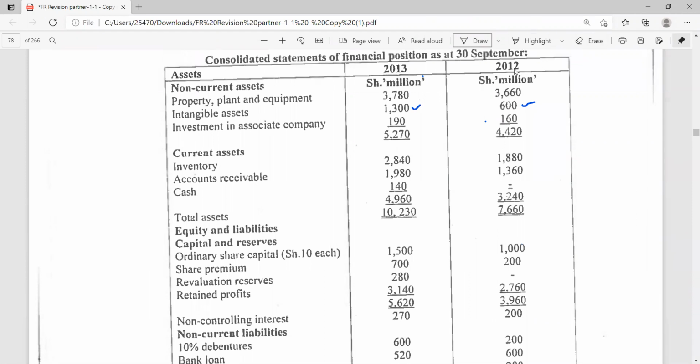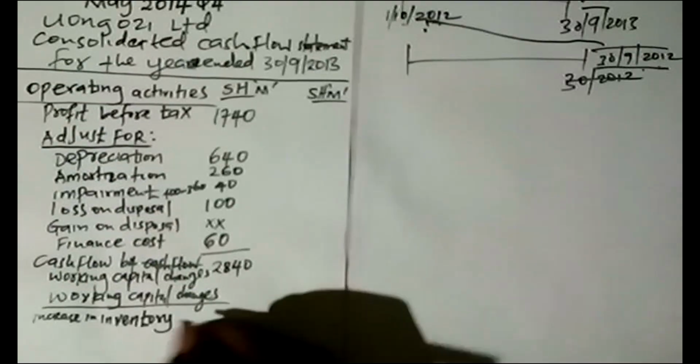Remember that we consider from 2012 to 2013, from the start to the end. So it increased. That is an increase by 960.